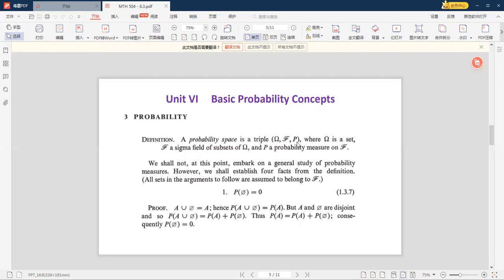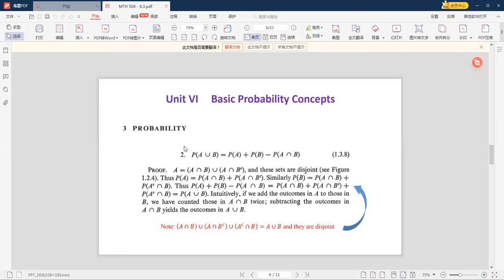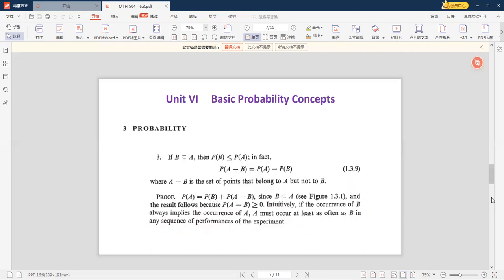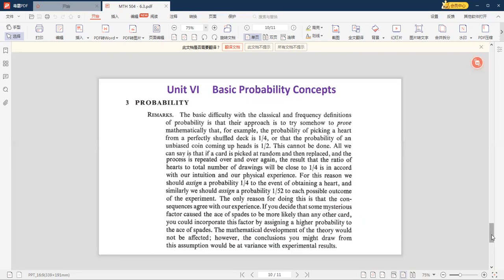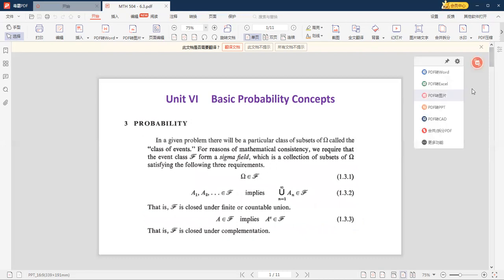So it includes everything that we have talked about so far. And there are some basic properties of probability. The probability of the empty set, of course, is 0, and this can be proved easily. There are some other properties you might have learned before, but we don't have time to prove those things. But anyway, we have now defined probability in a mathematical way. So I'm going to stop here.